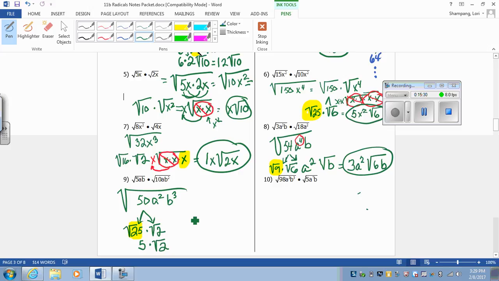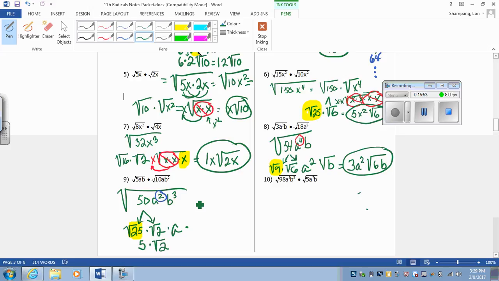Now, a to the second power, remember we can divide that exponent since it is even. I can divide it in half and take my root out from underneath the radical sign and just make that a to the first. B to the third, I'm going to have 3 b's. Okay, so that means I have one pair of b's.